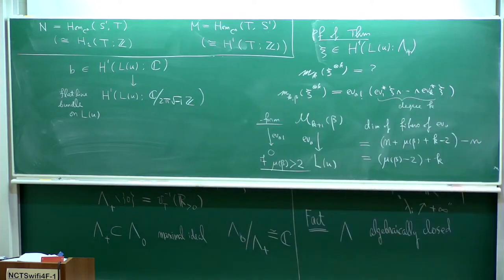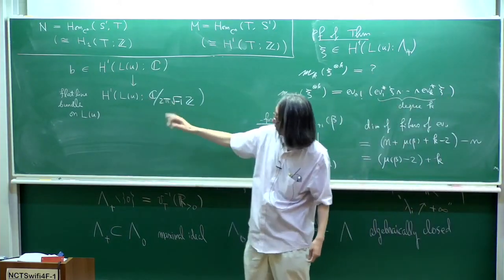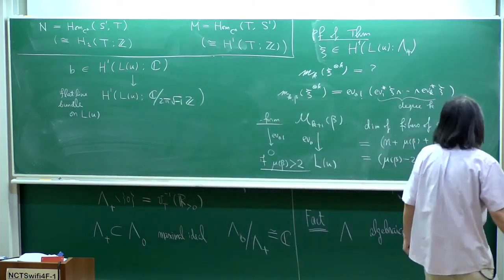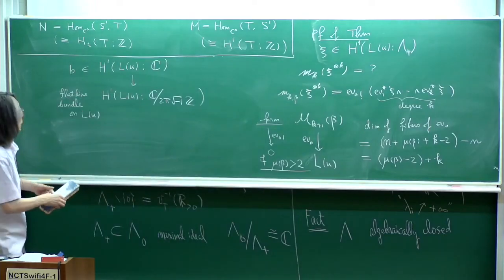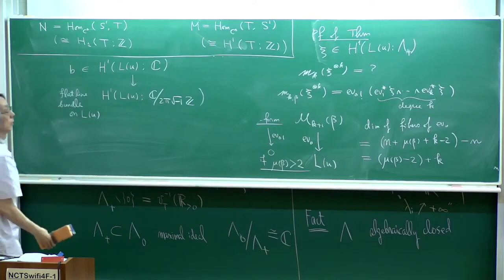So it's just a flat line bundle, and may not be unitary because here it's just a different form with complex coefficients, not purely imaginary things. So therefore, may not be unitary.